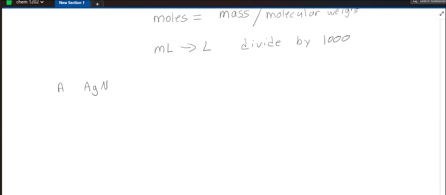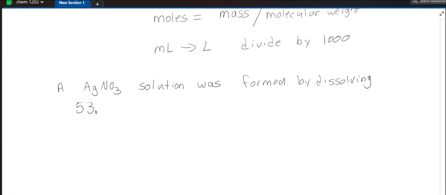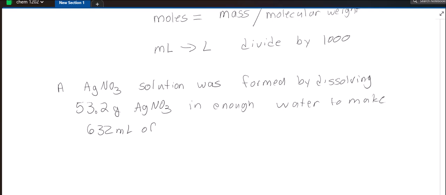So let's say I had a similar problem where I had a silver nitrate solution was formed by dissolving 53.2 grams silver nitrate in enough water to make 632 milliliters of solution.